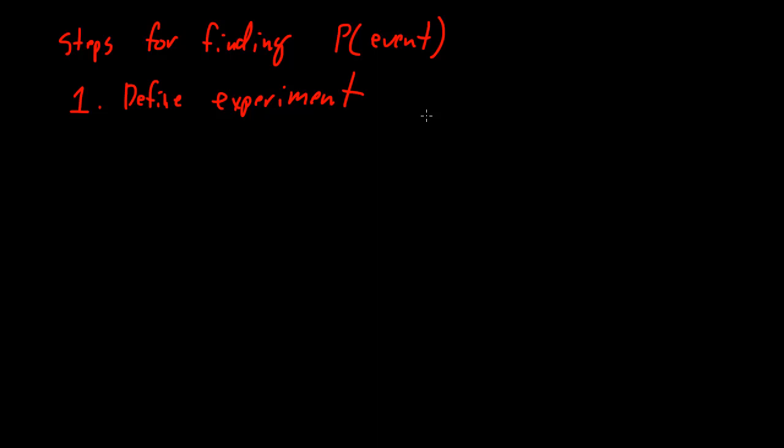So for example, if our experiment is a baseball game, we might have a whole slew of different observations that we're trying to record. Maybe it's the number of strikeouts, maybe it's the number of home runs, or maybe it's just the win or the loss. We need to define what those observations are that we actually care about. Number 2 is list all the sample points.